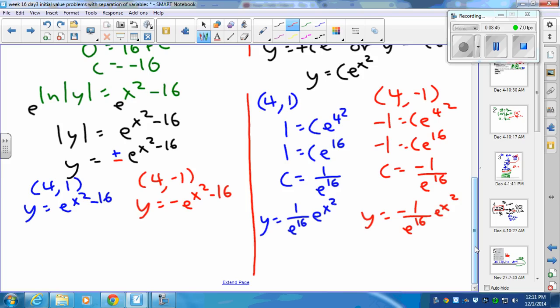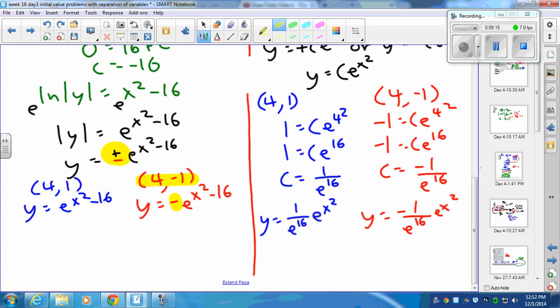I like the right way better. Some of you might not, because you might really not be comfortable with fuzzy math. But my issue with the left guy is when I e it on the left guy, I forget about the plus or minus in the end. And I would forget that, oh, since it's 4 comma negative 1, I need the minus. I don't like remembering the minus sign.